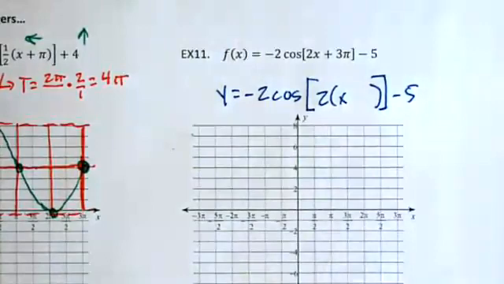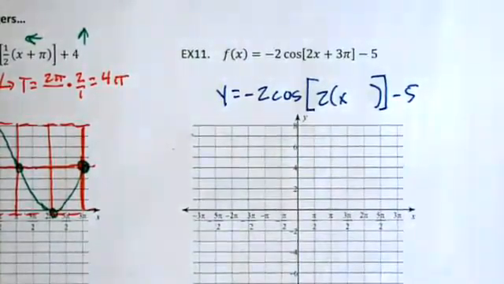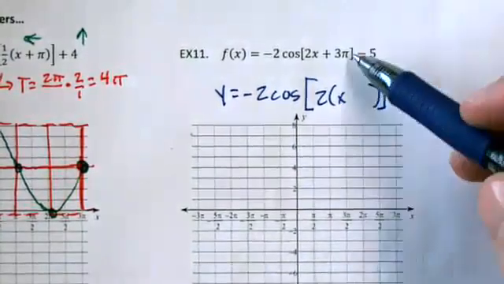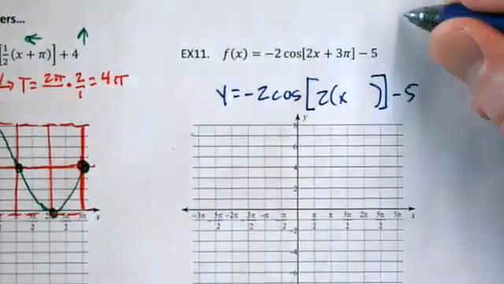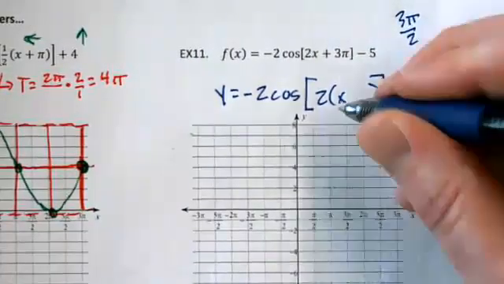That's plenty correct, but I want to get it into a friendlier form. So I need to factor a 2 out of 3 pi. 3 pi divided by 2 is 3 pi over 2.